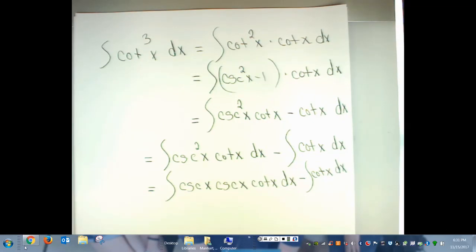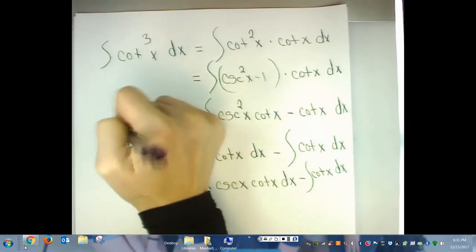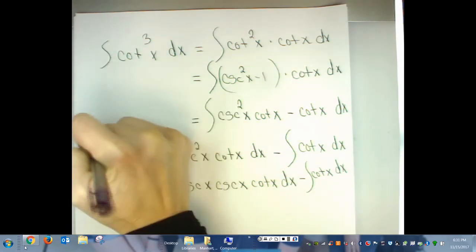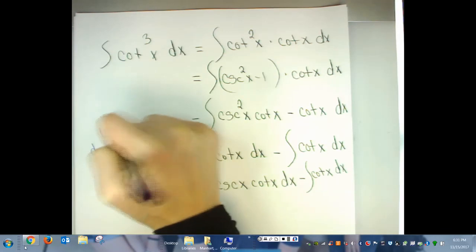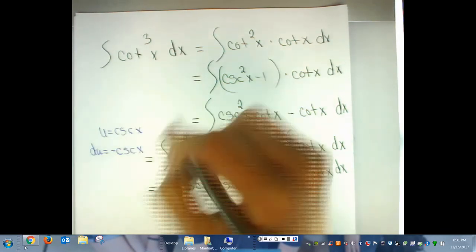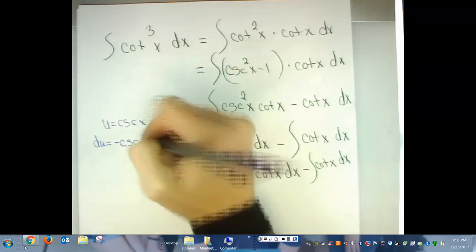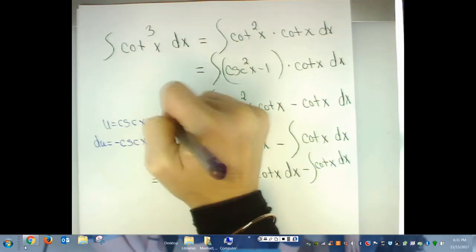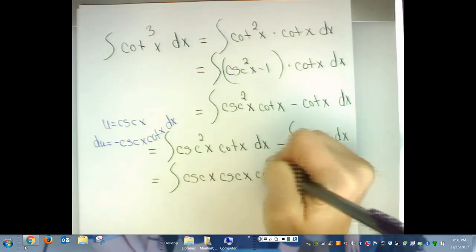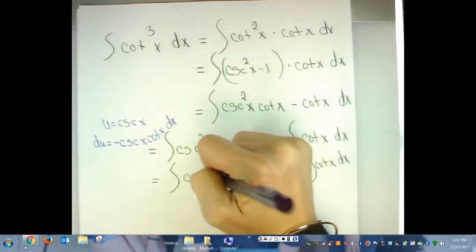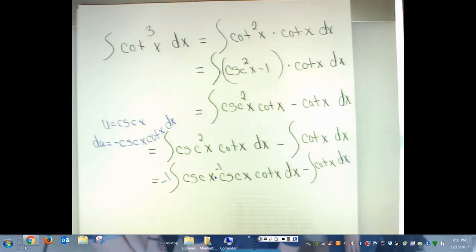So if I'm going to let u be cosecant, then du is negative cosecant x cotangent x dx. I would need a negative 1 on the inside and a negative 1 on the outside to change over.